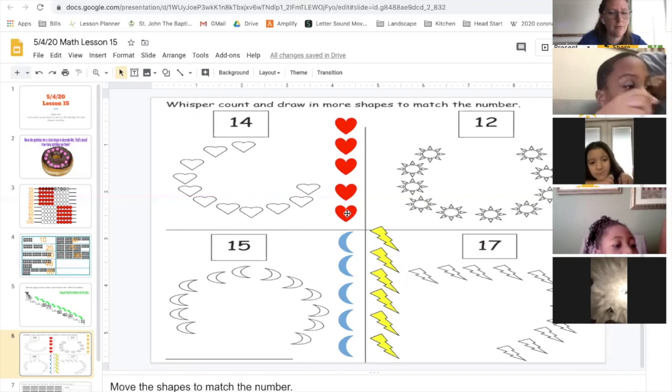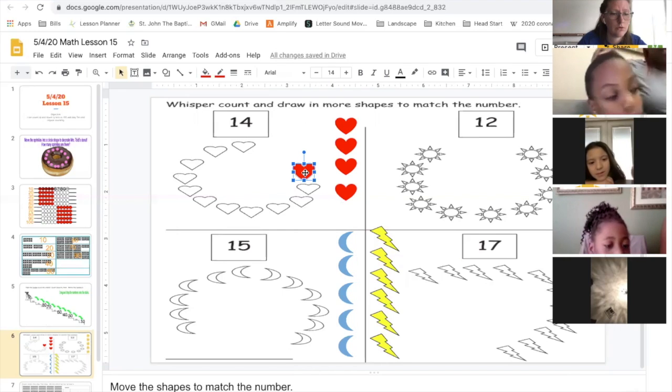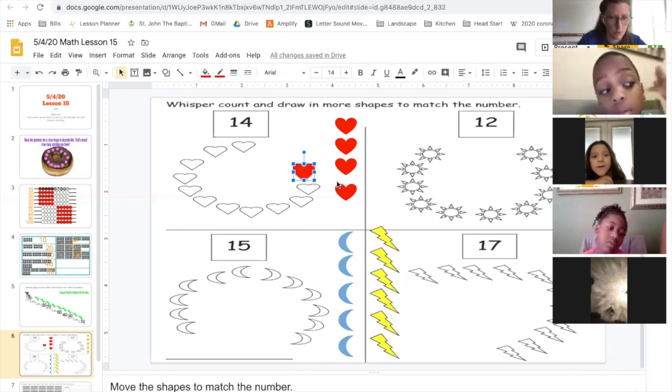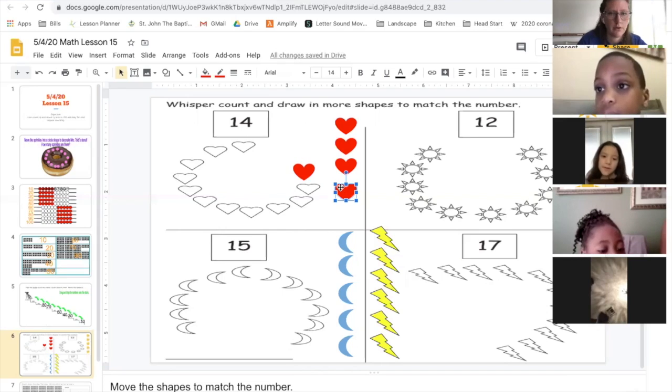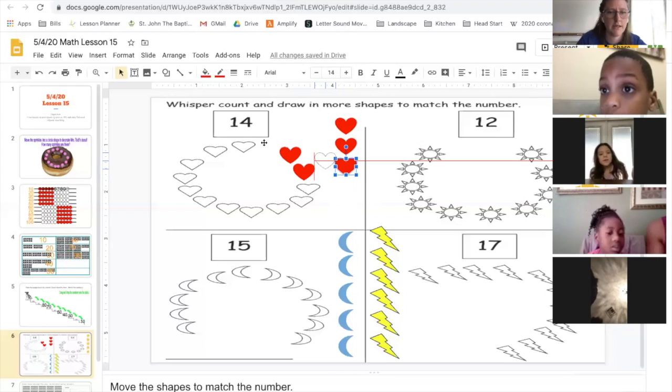Now I'm going to move and we're going to keep counting. After 11 comes, pay attention, say it loud. 12. Then 13. And then 14. Is that enough hearts?